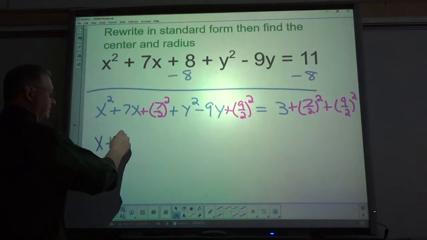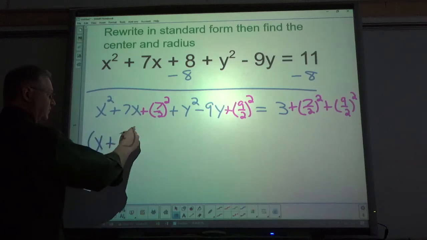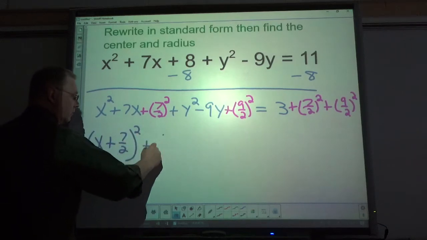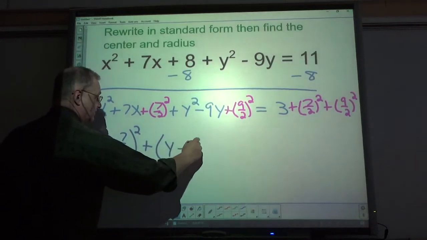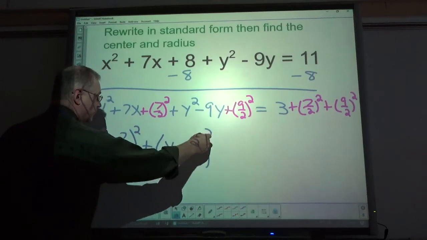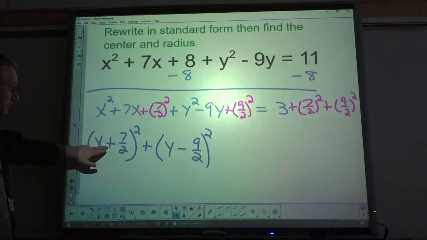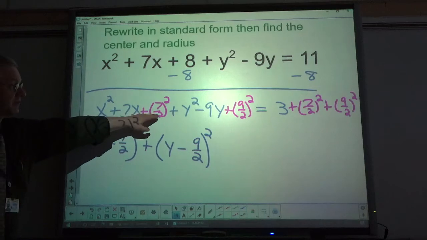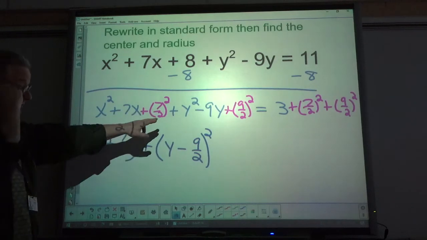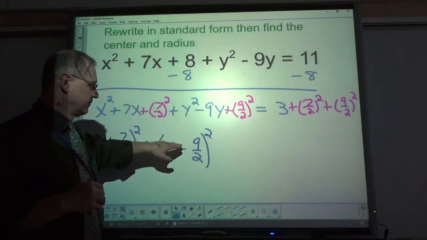X plus 7 over 2 squared, y minus 9 over 2 squared. Sign of the middle term, variable being squared, expression being squared.